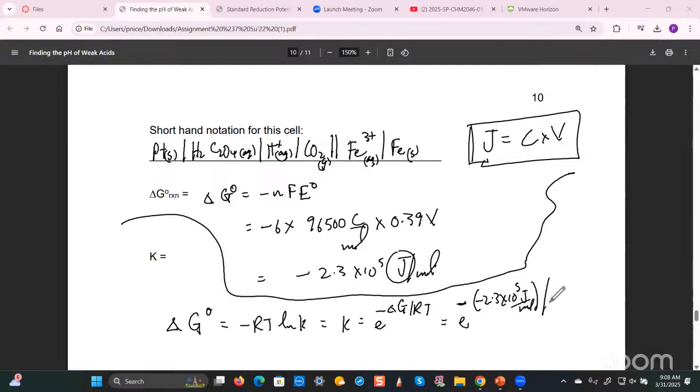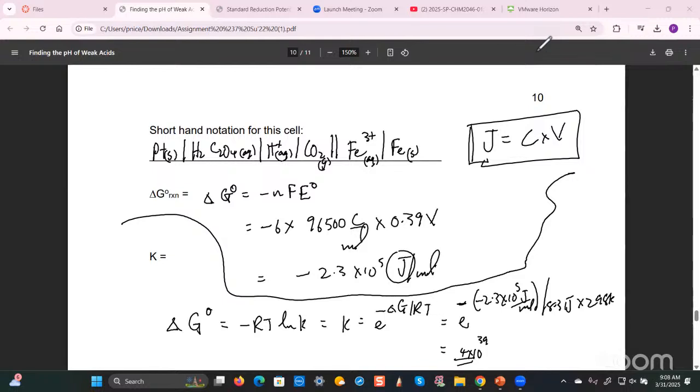Divided by R, which is 8.31 joules, times the temperature, which is, if I'm not mistaken, 298 Kelvin. And when I did this calculation, I got 4 times 10 to the 39. All right, and that's the answer that I got.